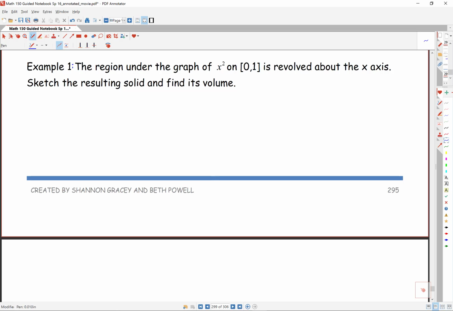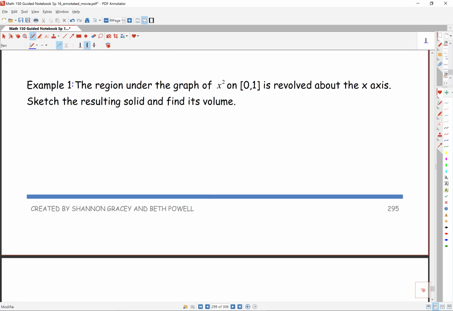Let's fix this up a little. Sorry, somebody else had done this one. Okay, so the region under the graph of, let's say, y equals x squared, and then the line y equals 0, which is the x-axis, and it's from 0 to 1 about x.